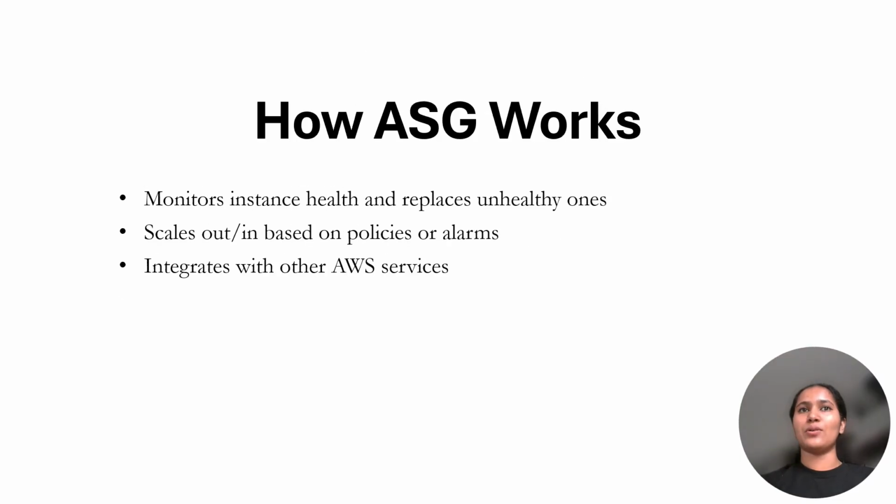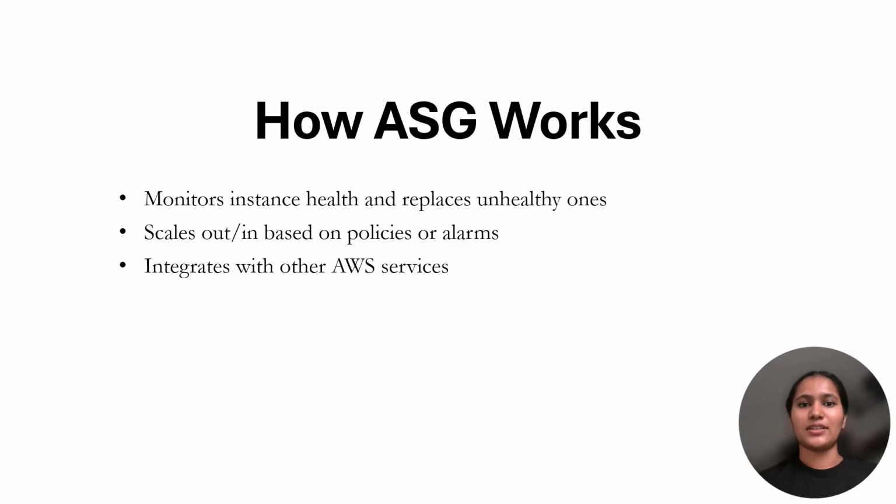Now, as we know what auto scaling is, let us see how an auto scaling group works. Auto scaling group continuously monitors the health of EC2 instances. If any instance fails health checks, the auto scaling group automatically replaces it.